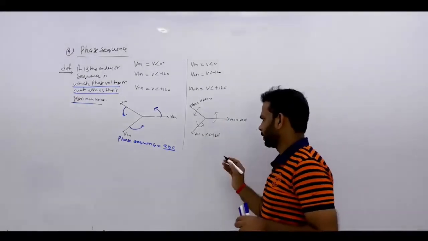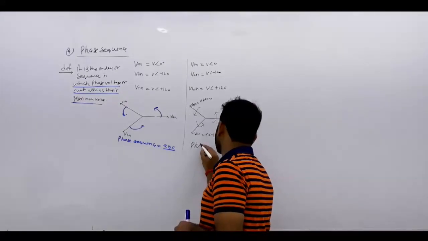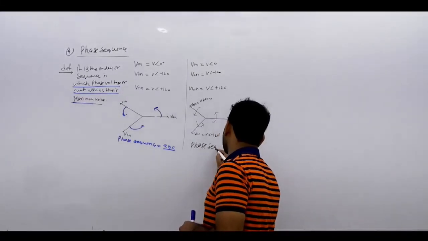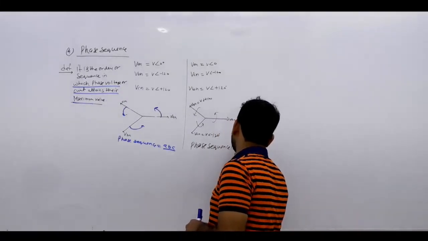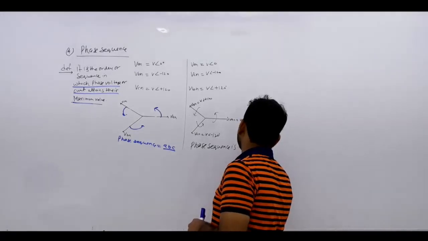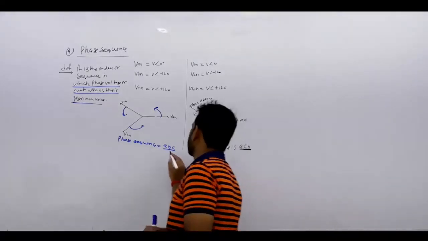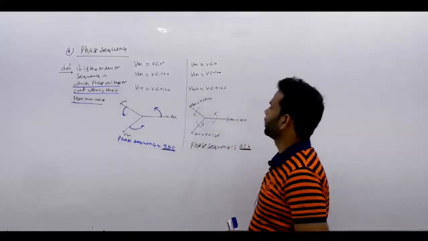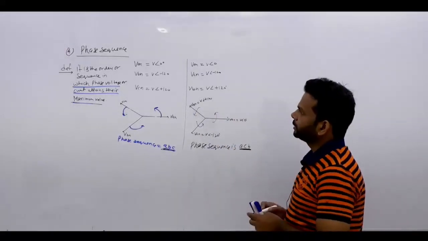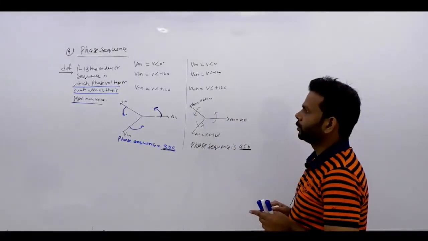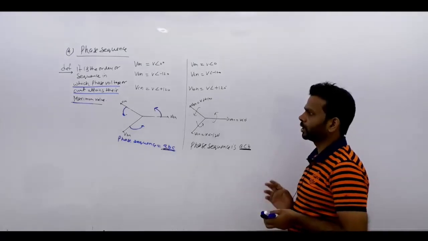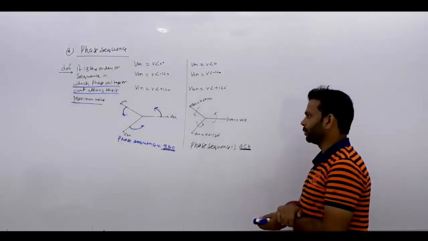So in this the phase sequence is ACB. Just mark it. It is ABC, and so phase sequence is the order or sequence in which the phase voltage or current attains their maximum value.